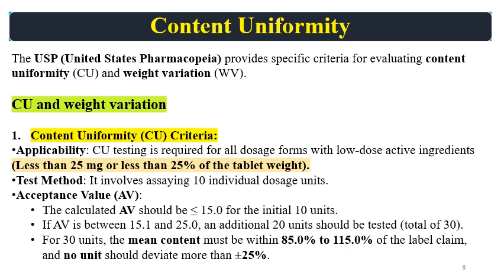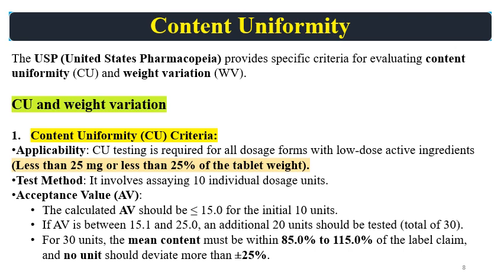And for 30 units, AV value is required to be between 15.1 and 25. For 30 units, the mean content must be within 85% to 115% of the label claim, and no unit should deviate more than 25%. So this is the criteria.